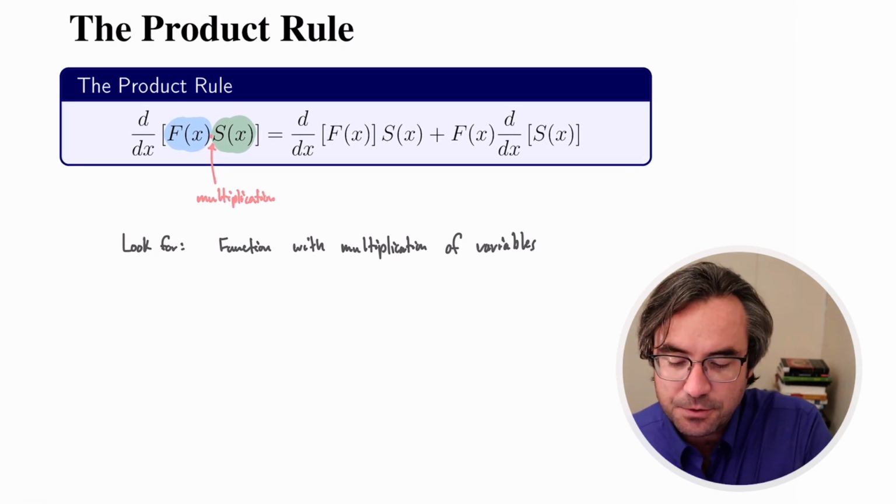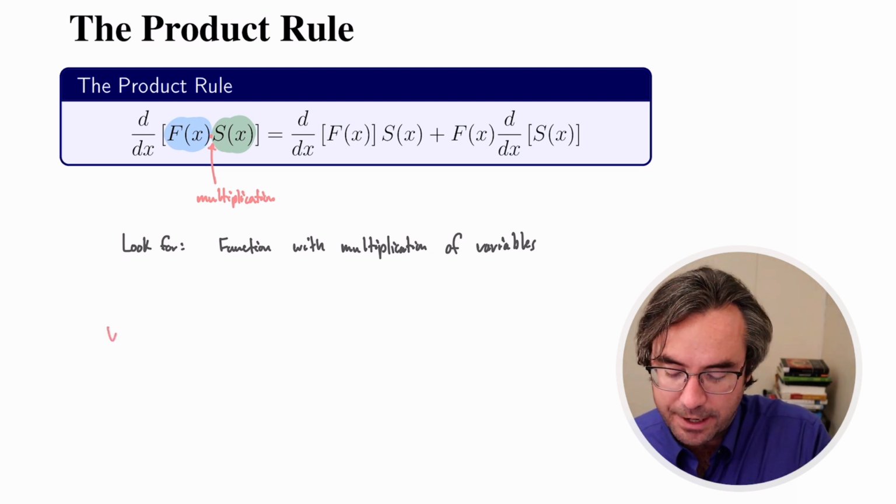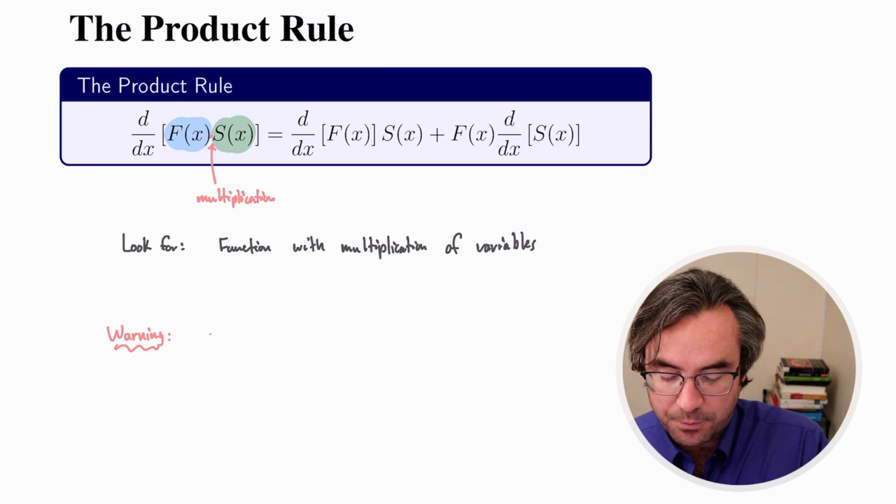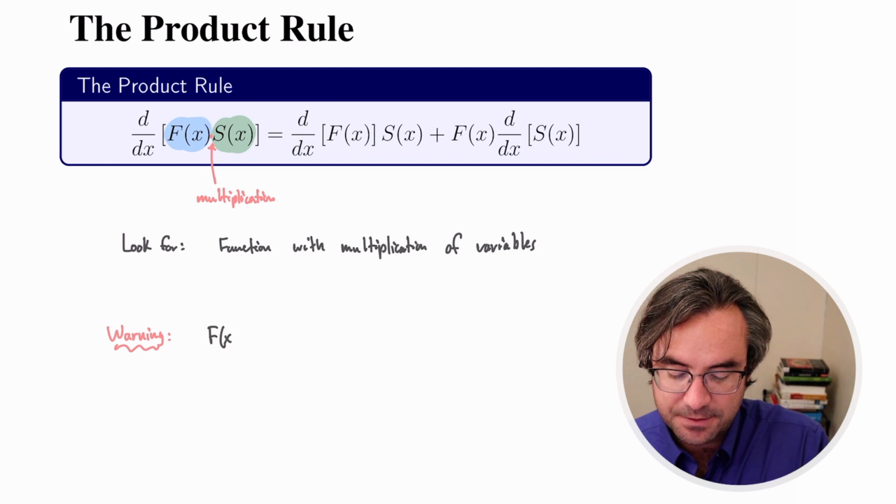Now, it's a very natural thing, so a little warning. The derivative of a product, so let's say we had a product of two variables, and let's say we were trying to differentiate this.